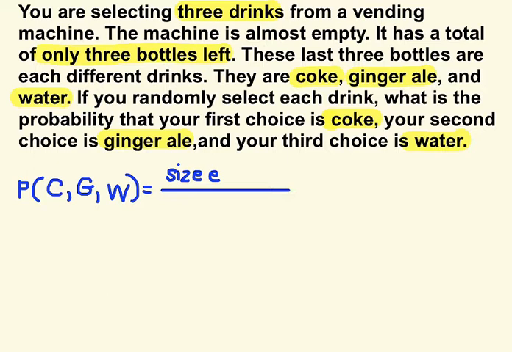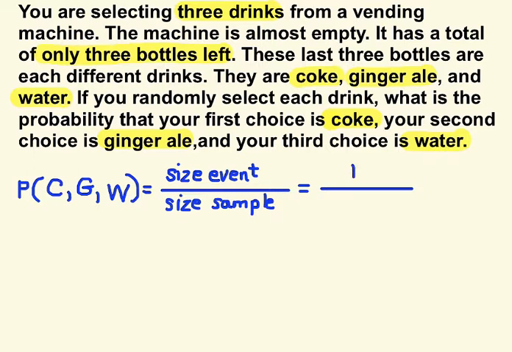That is the outcome we're looking for: Coke, ginger ale, and then water. And this is the size of our sample, so all possible ways that we can select these. Well, our event size is 1. There's only one way that we can select first Coke, then ginger ale, then water. So we put a 1 on top.